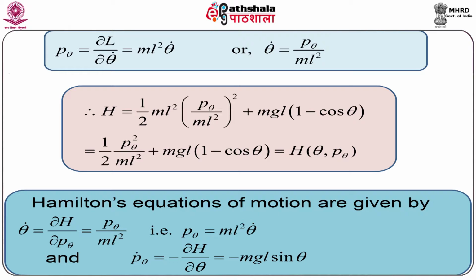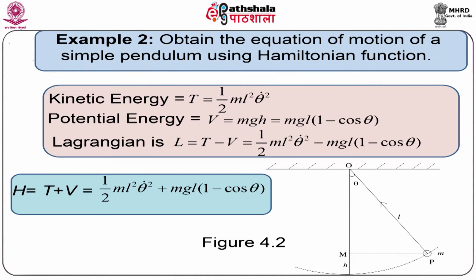This can be written as H equal to half p theta squared divided by m L squared plus m g L into (1 minus cos theta). Thus, H is a function of generalized coordinate theta and generalized momentum p theta. You can find the sketch of the physical problem here also.